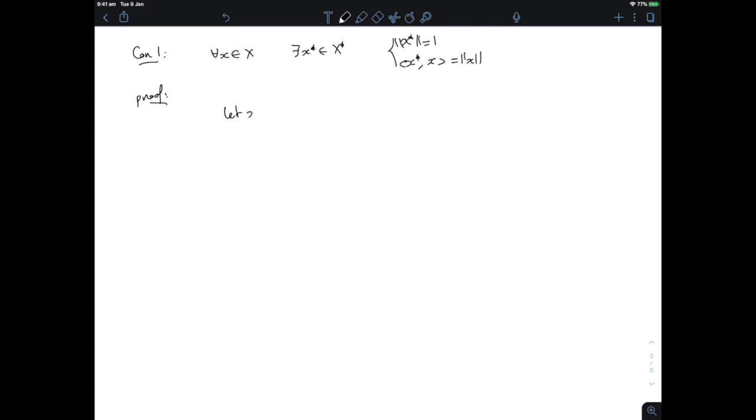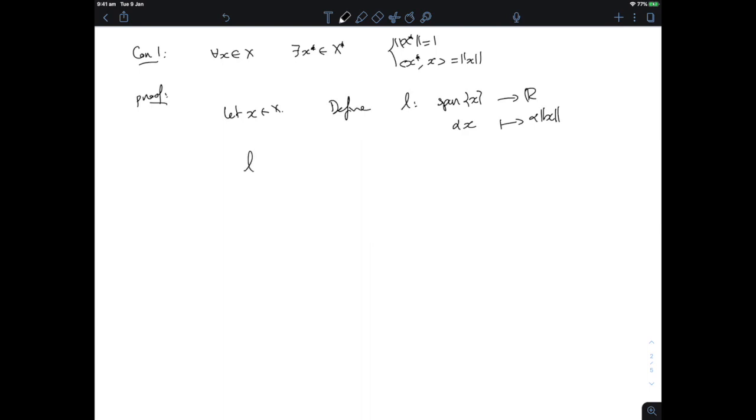So, okay, I pick an x, and I define L that goes from the span of that single vector into R, and take something of the form alpha x, where alpha is a real, to alpha times the norm of x. All right.